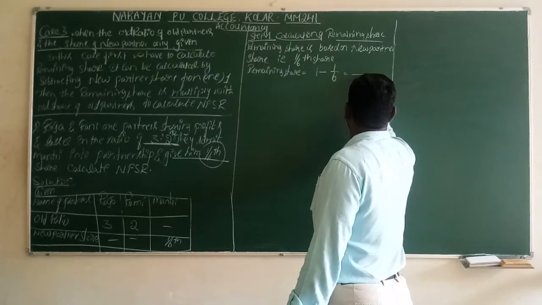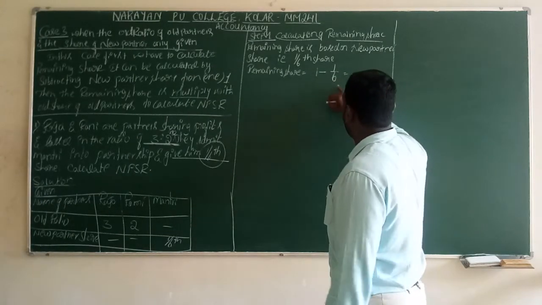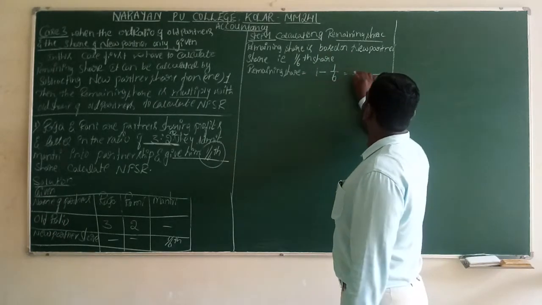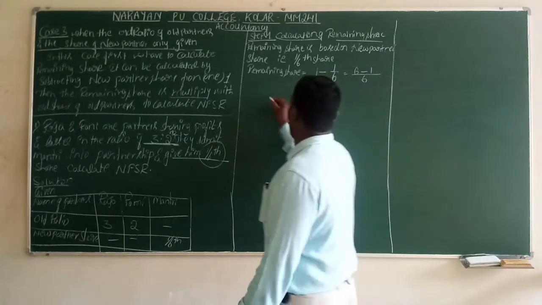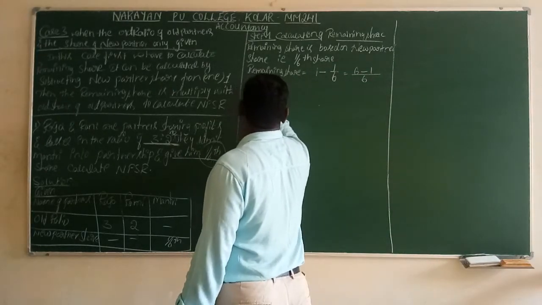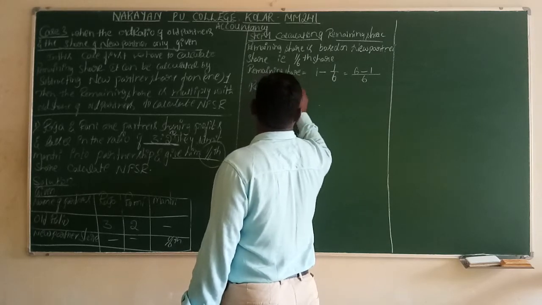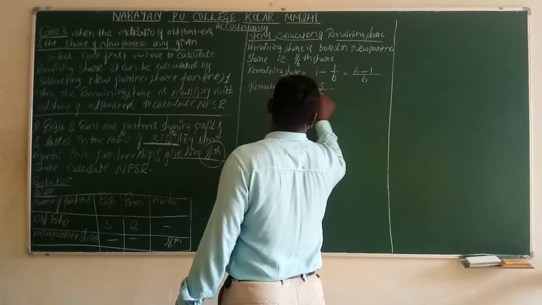We should consider 6 as the base, because 6 is the highest denominator. Multiplying, 6 ones are 6, minus 1 one is 1. Therefore, remaining share is equal to 5 divided by 6.